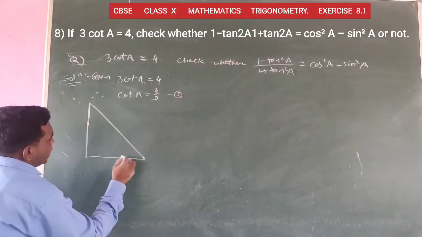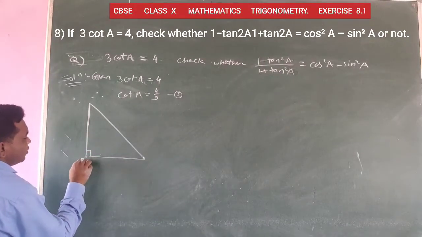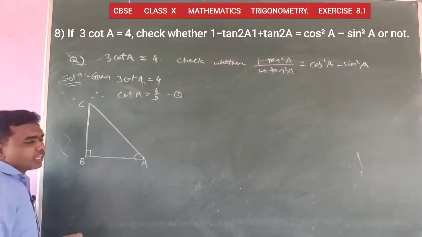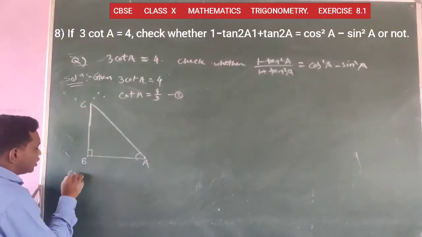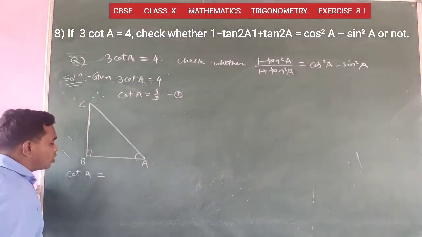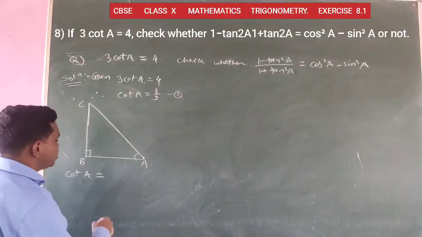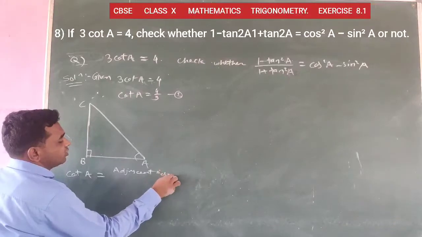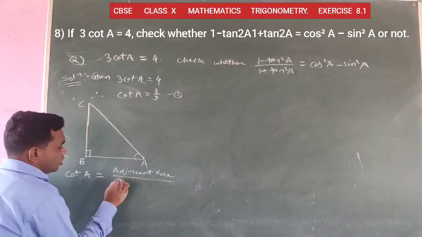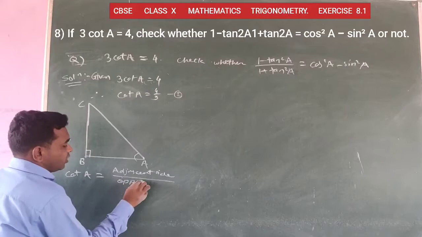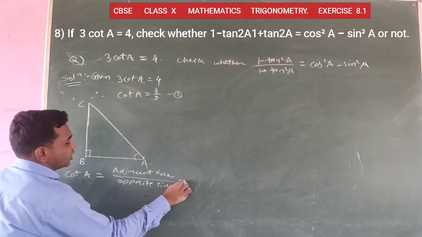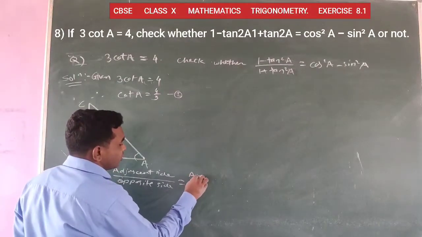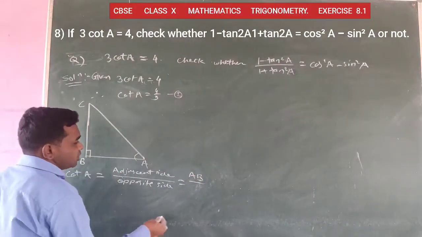Considering the naming, this angle is B, this is C, and this will be the angle A. So for the angle A, we write down the formula of cot of A. According to the position of the angle A, cot of A is equal to adjacent side upon opposite side. Adjacent side is AB and opposite side is BC.